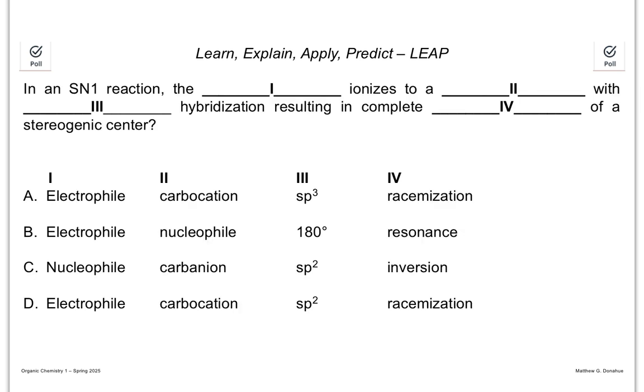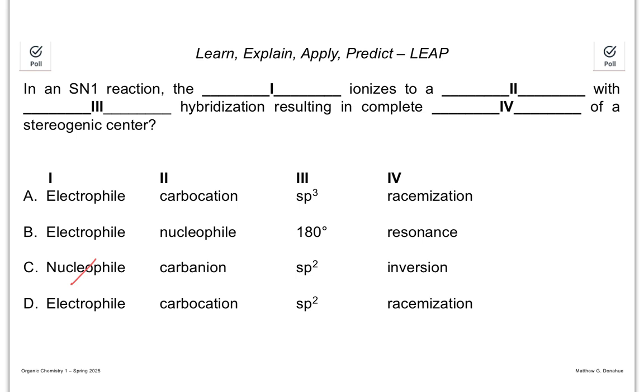So our last slide here as we wrap up. In an SN1 reaction, the blank ionizes to a blank with blank hybridization, resulting in a complete blank of stereogenic center. So in the SN1 reaction, because it's unimolecular, the electrophile ionizes, so that gets rid of C, to a carbocation.